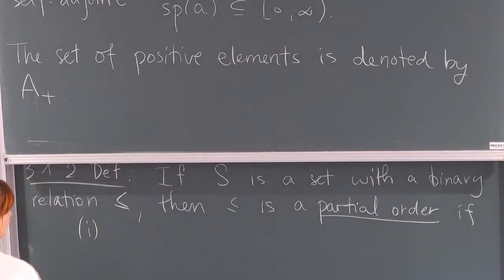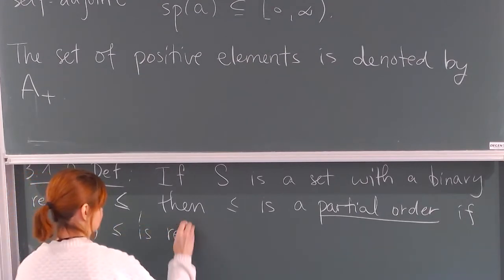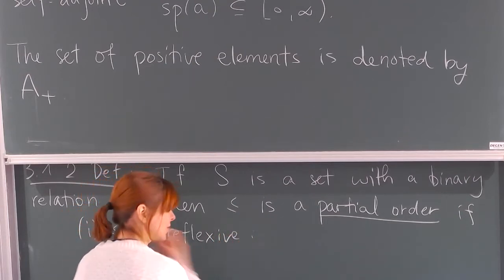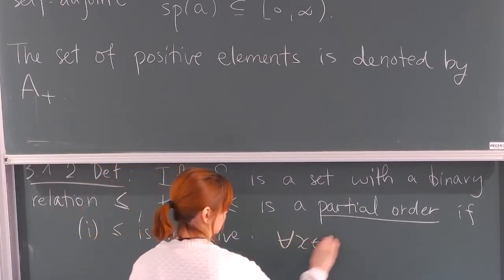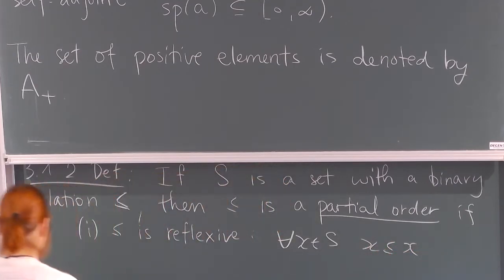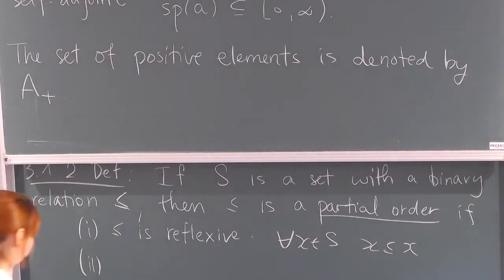So it should be reflexive. So X is always less than or equal to itself. We want it to be transitive.